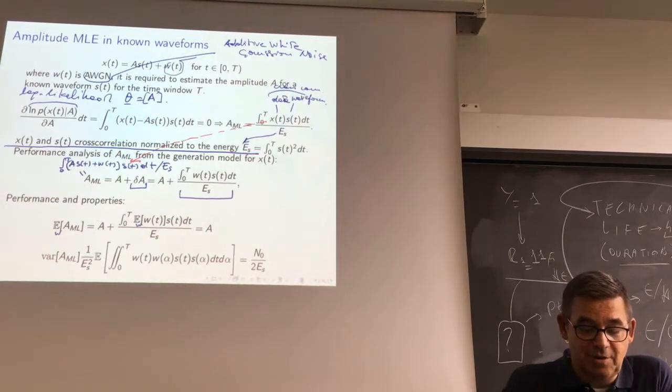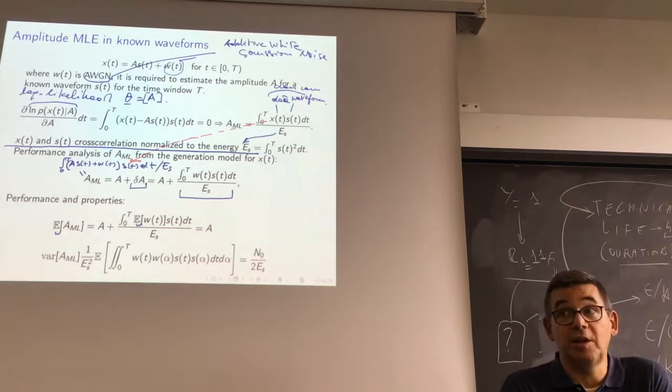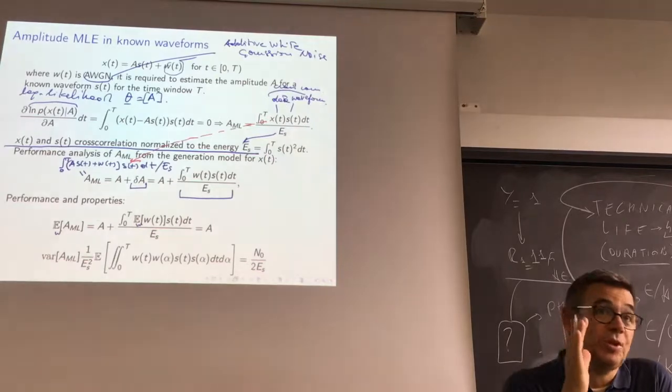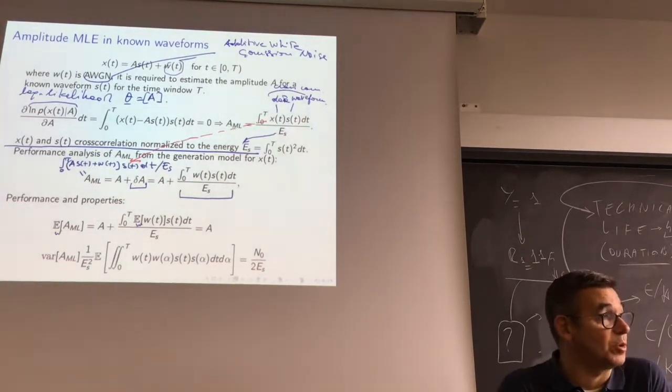Now, let's calculate the variance. To compute the variance, we have no time, but I really recommend you check it yourself. I'm pretty sure that half of you cannot calculate that if not looking at the book.